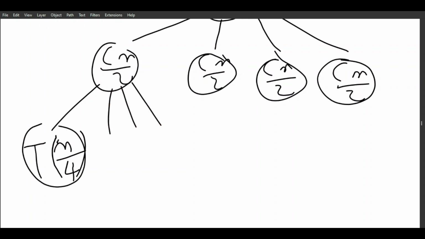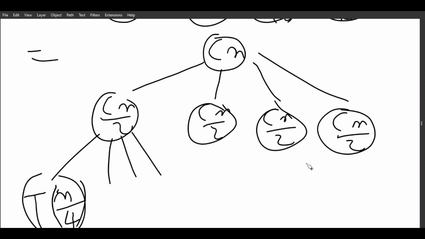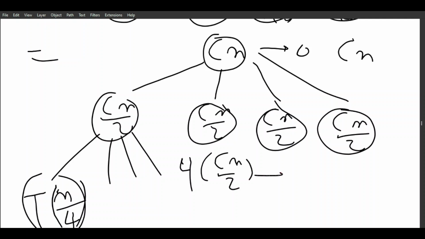So just like this. So once again just continue this up to the leaf and just simply add level by level. We call this level 0. So for level 0 it is Cn. Level 1 it is 4 times Cn by 2. Just continue, you know the pattern, you can easily see.